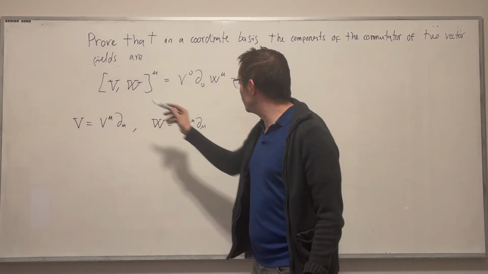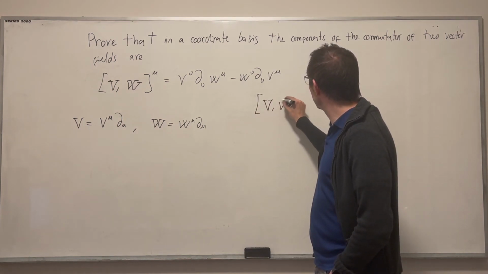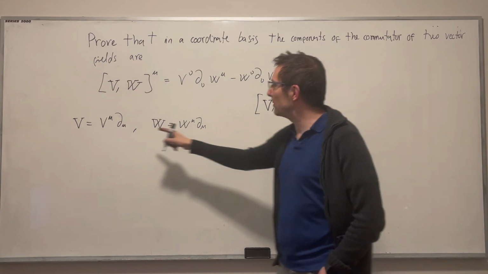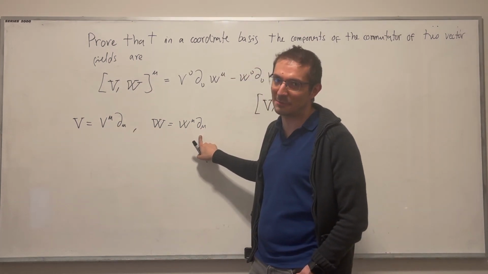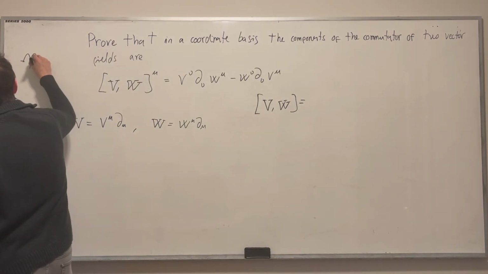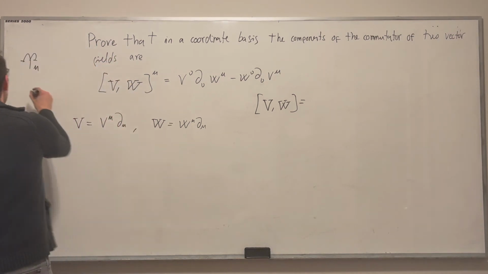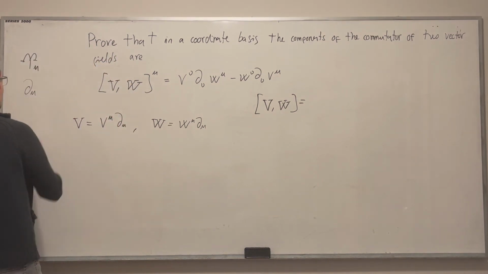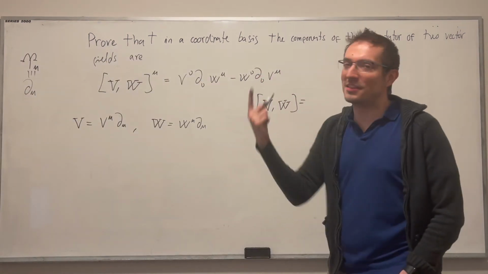So we're going to substitute V and W. I'm going to compute the bracket of V and W, and substitute V by this expression in the coordinate basis. Remember, I can write partial derivatives here because it's a coordinate basis. A coordinate basis is associated with coordinate curves along the axes, and you can represent the basis vectors equivalently as partial derivatives, because that is what they do when they act on functions.